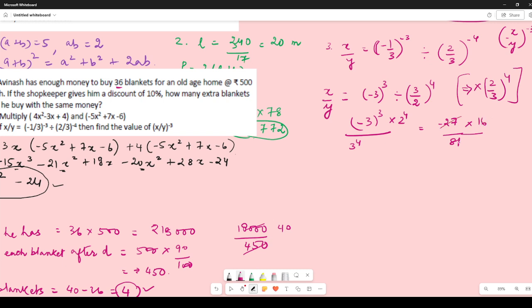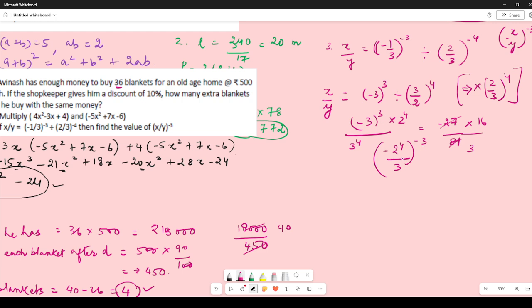So 3 times, this becomes minus 2 to the power 4. The sign will remain over here, so this becomes minus 2 to the power 4 by 3. And remember, we have to find this to the power of minus 3.